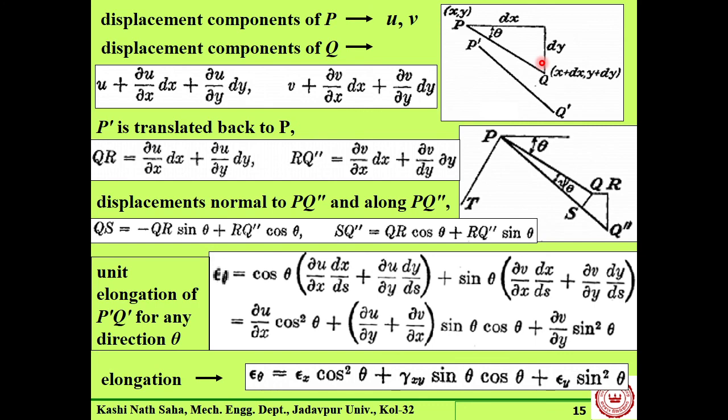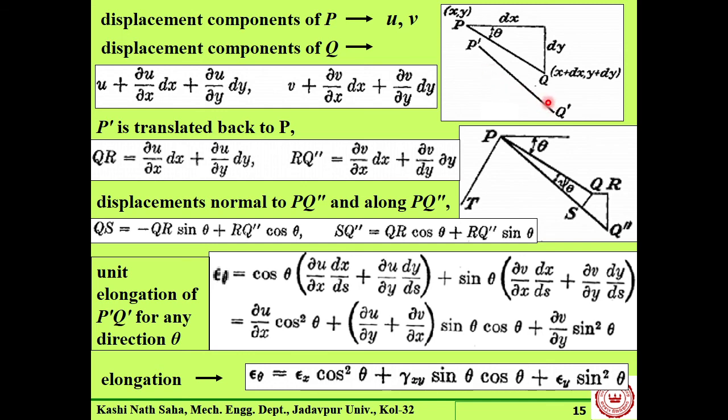A square minus b square is a plus b into a minus b, right? So there we will get pq prime minus pq, that is the extension of pq, into this pq plus this pq prime.